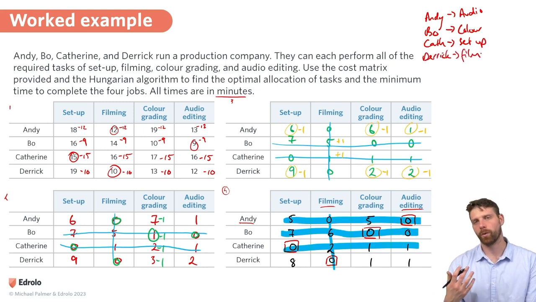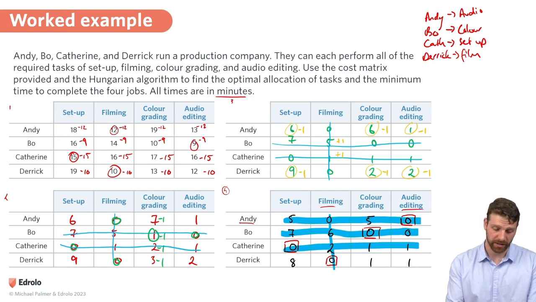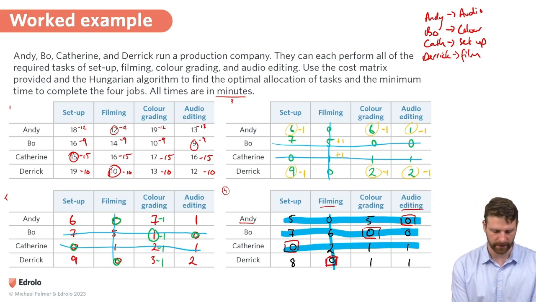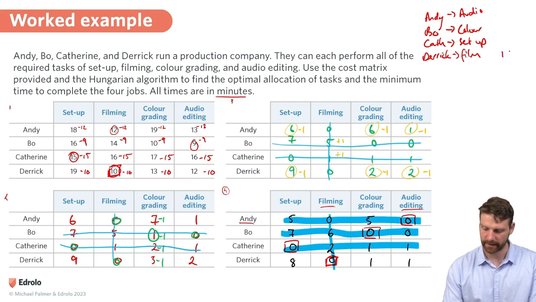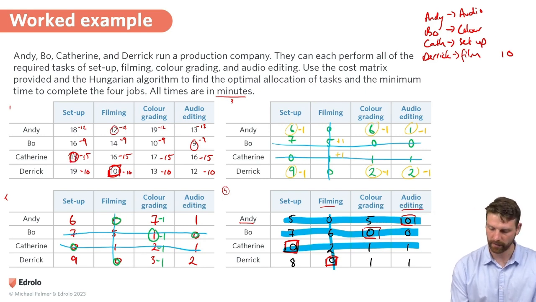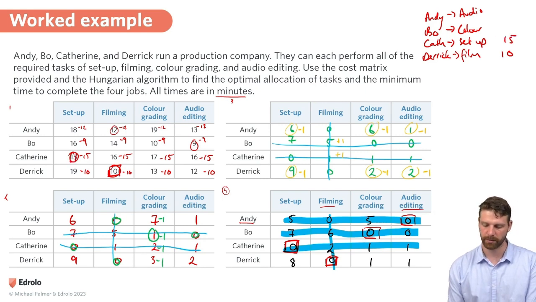Okay, if I want to find the weights or the cost or the time in minutes for this question as to how long that will take, I need to compare to the positions in the original matrix. So the filming one is down here. So Derek's going to take 10 minutes to film. Catherine is doing setup, and that's 15 minutes in the corresponding position.